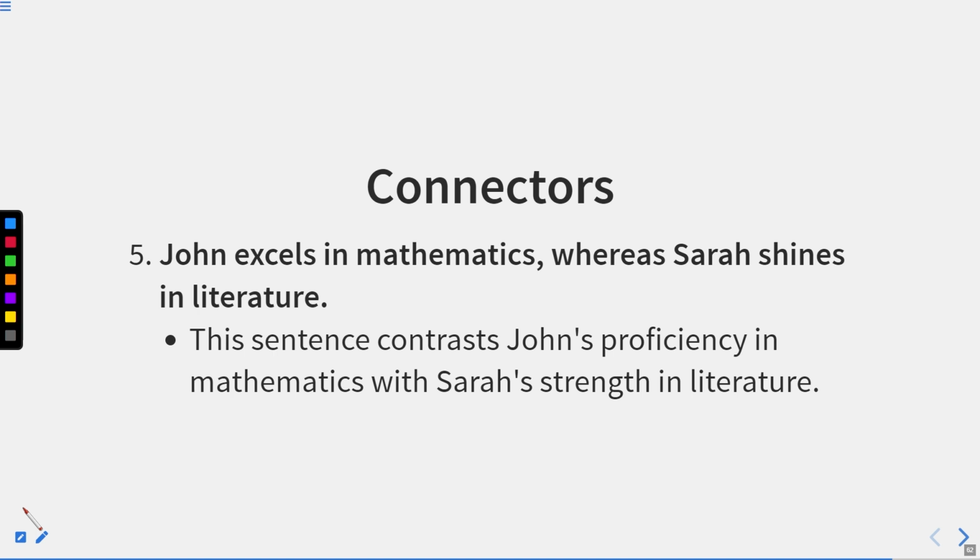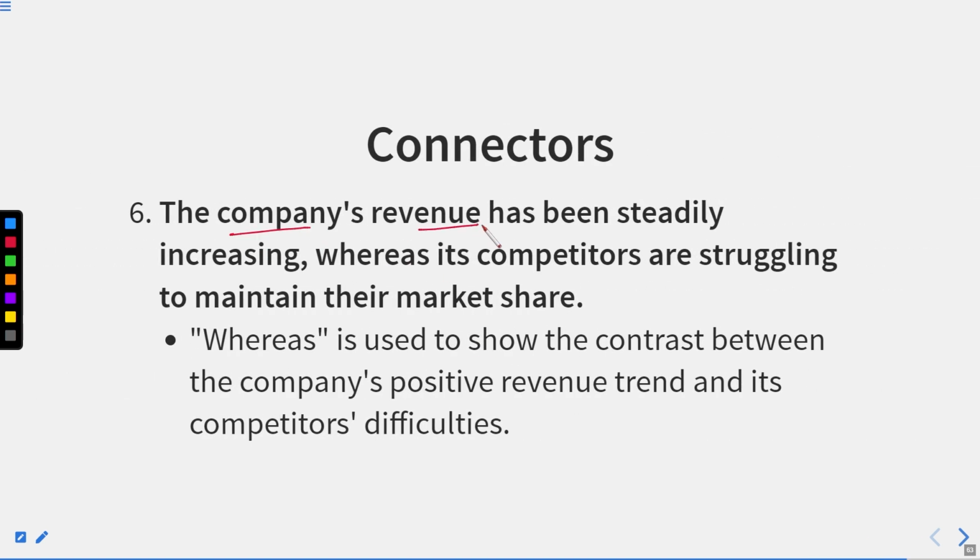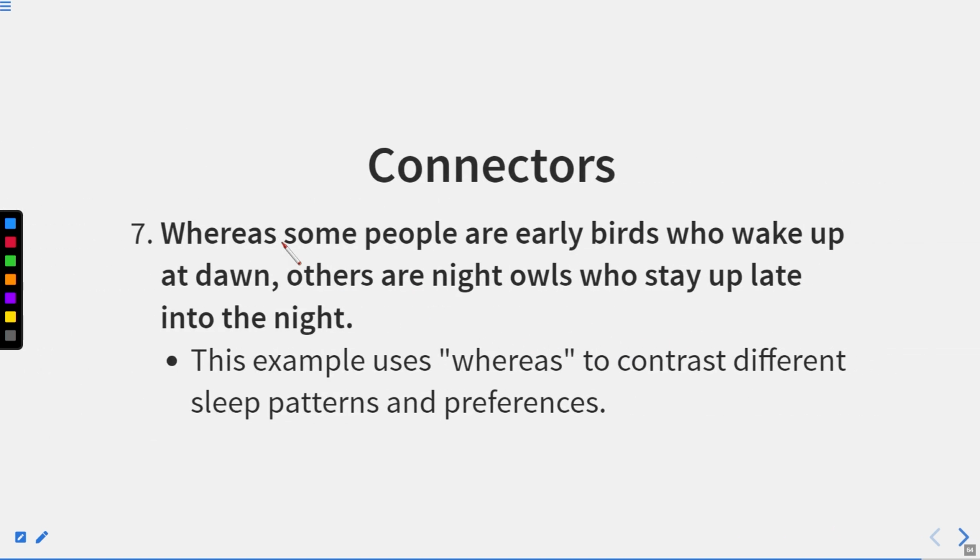So, this sentence contrasts John's proficiency in mathematics with Sarah's strength in literature. The company's revenue has been steadily increasing, whereas its competitors are struggling to maintain their market share. Whereas is used to show the contrast between the company's positive revenue trend and its competitors' difficulties.